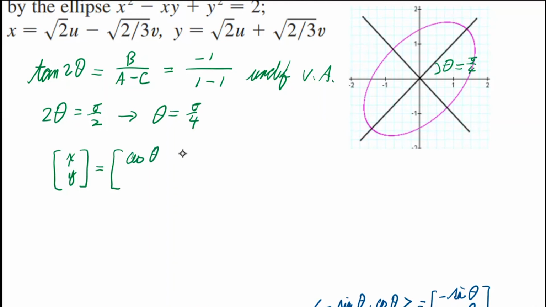Now we know UV, or X prime, Y prime last year, but we'll just use UV. You know what I'm saying? So this will look like this.